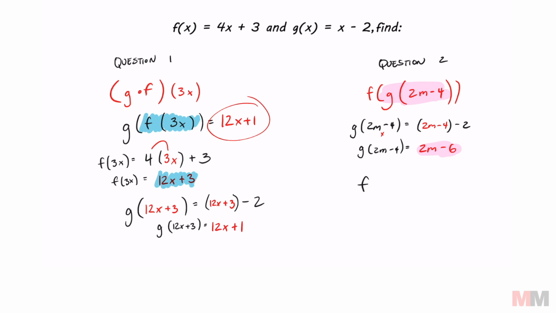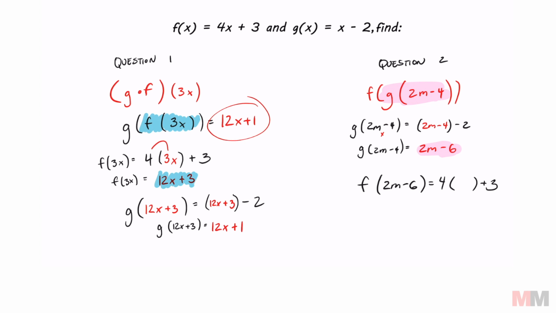So that's going to be f of 2m minus 6. We're replacing the meaning of that with this. And to calculate that, we are going to use the function of f right here. That means I'm going to write 4 parentheses plus 3. That's straight from this expression right here, except I replace the x with an open set of parentheses, and take a guess what we're going to put in there.